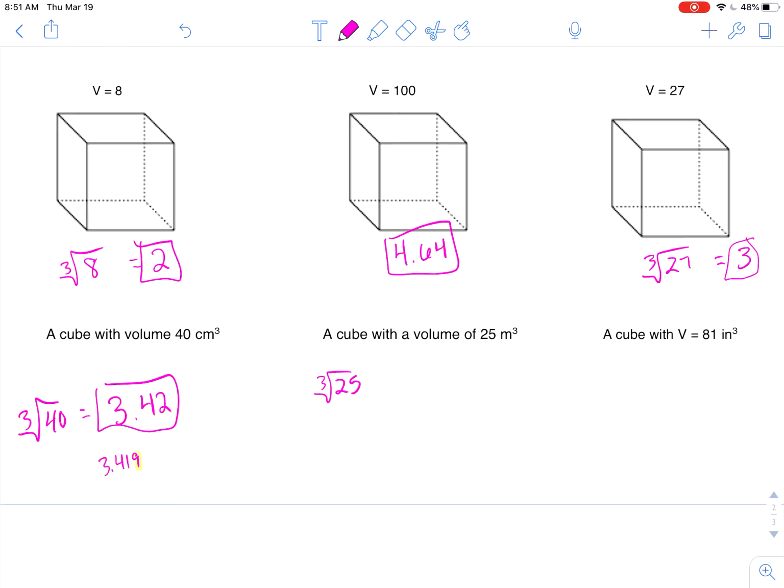Cube root of 25 gets me 2.924. Got to round to 2 decimal places, 4 rounds down. So 2.92. And last but not least, 81 cube root. It's going to get me 4.326 or 4.33.